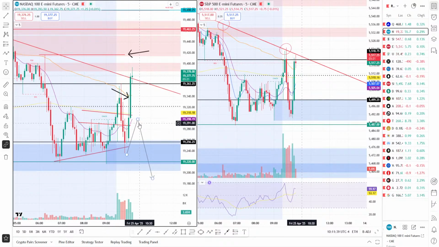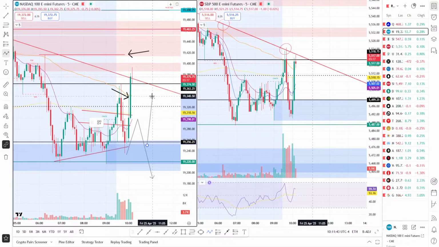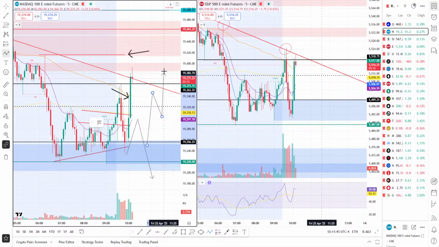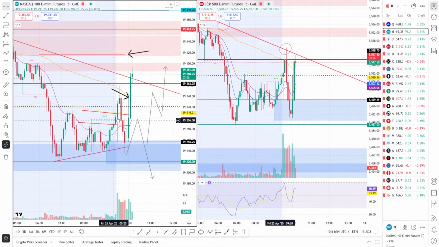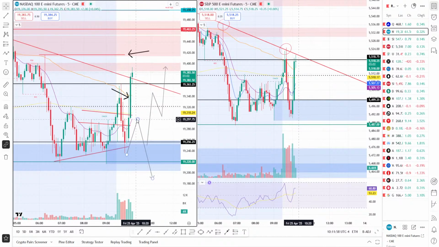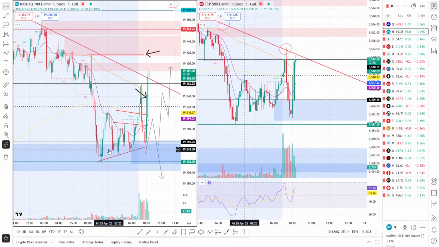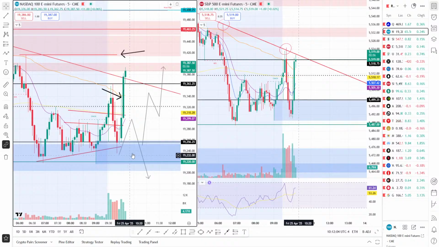But instead, what we did was go up and then come down here and then push higher. So I always keep an open mind on the possibilities of it going up just as well as going down, because I want to be ready to capture whichever move is the one that's going to happen.